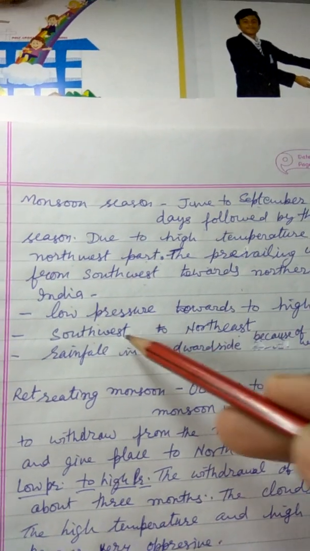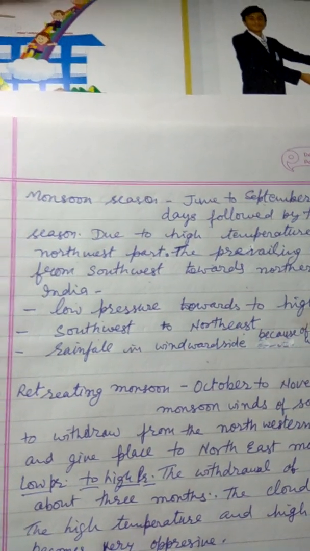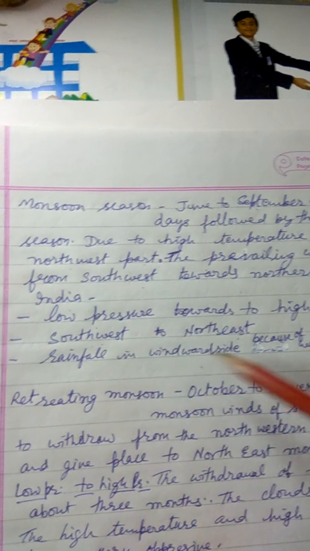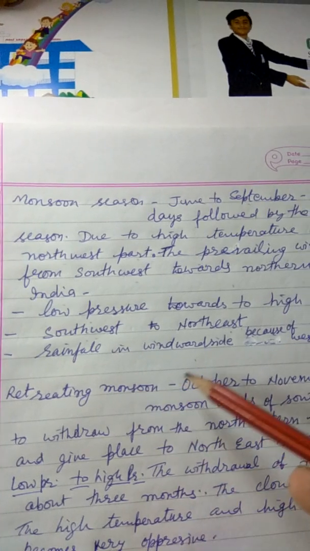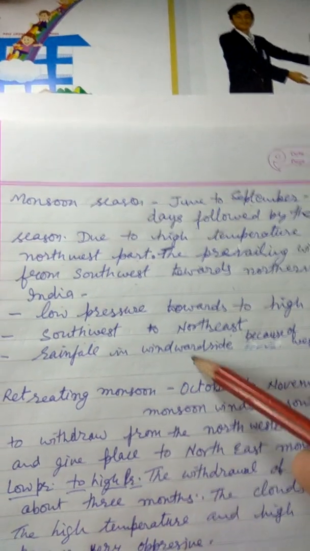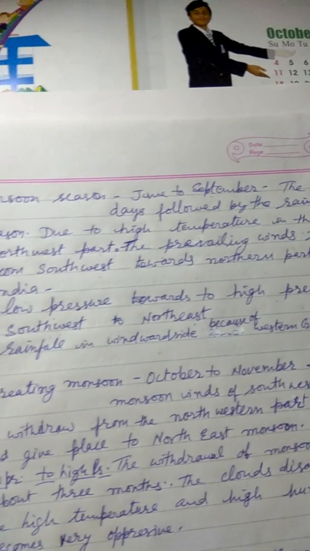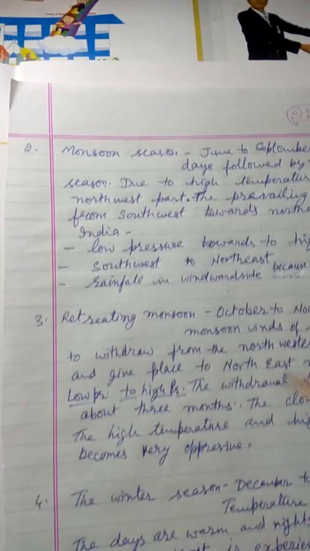The winds come from the low pressure towards the high pressure, from southwest towards the northeast. There is rainfall on the windward side because of the Western Ghats.